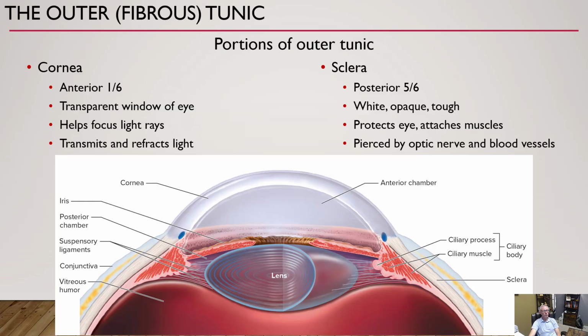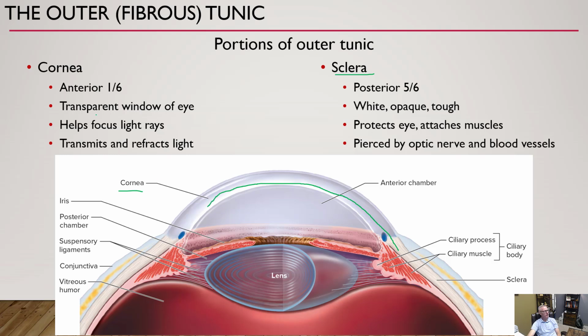All right, so portions of the outer tunic. We can see that there's the cornea and sclera. So this cornea is what light is going to hit first. And then we have this sclera, which is kind of like this interior portion right here.